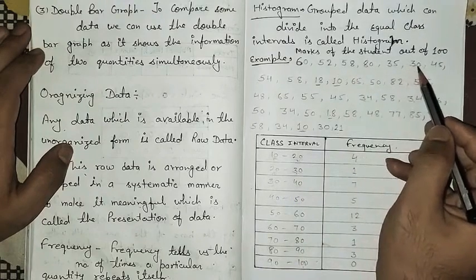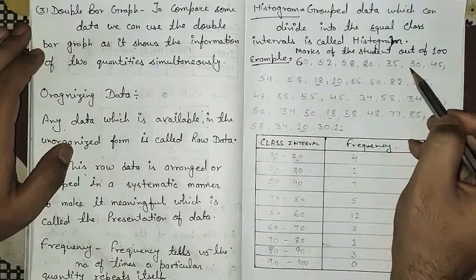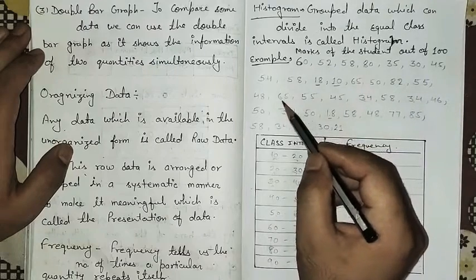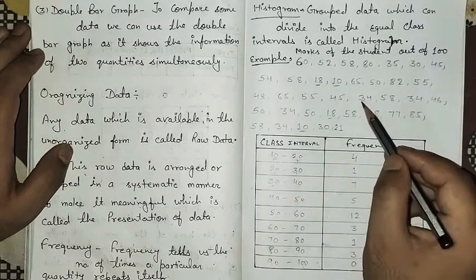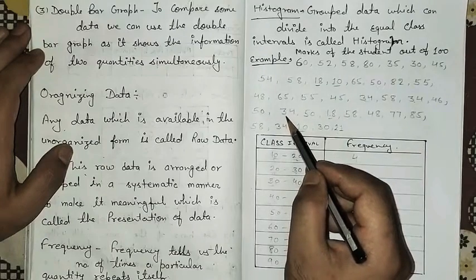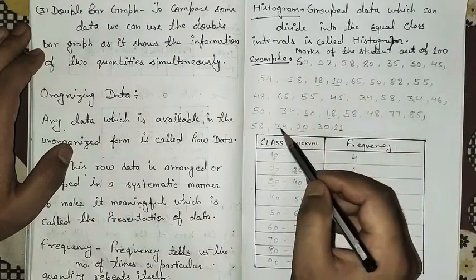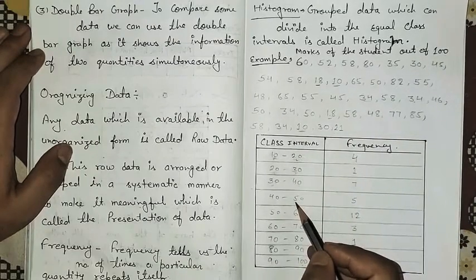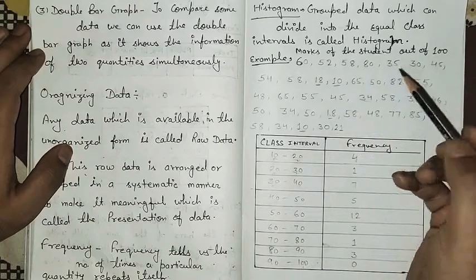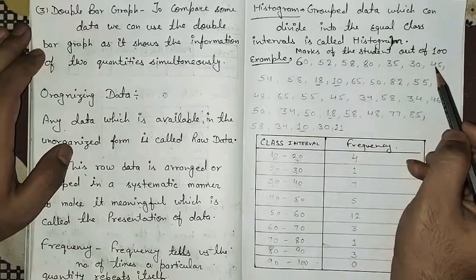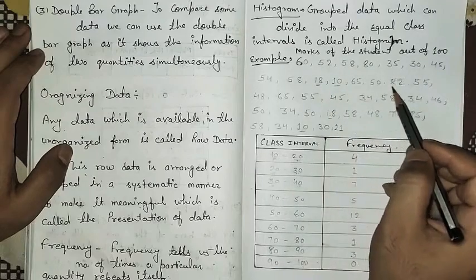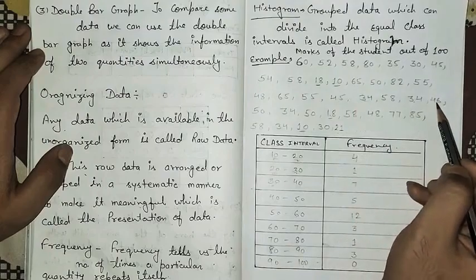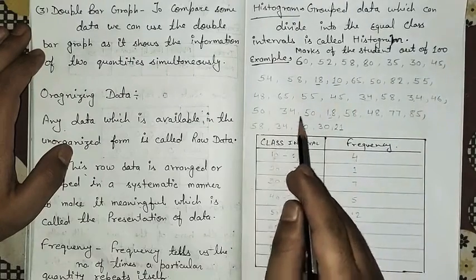So you can count from 30 to 37. 7 students are 40 to 49. 1, 2, 3, 4, 5.